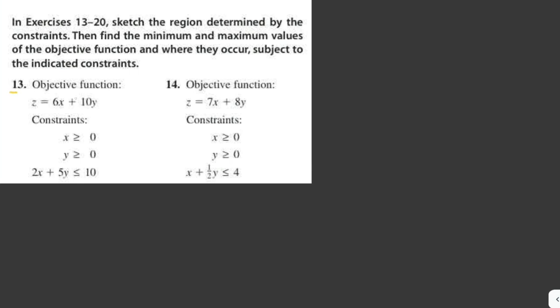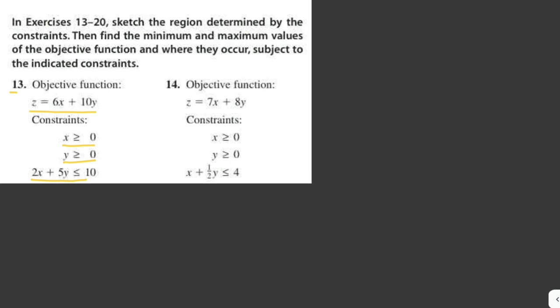We're given the objective function z equals 6x plus 10y, and the given constraints x greater than or equal to 0, y greater than or equal to 0, and the linear inequality 2x plus 5y less than or equal to 10.